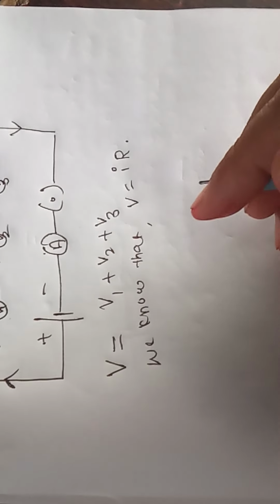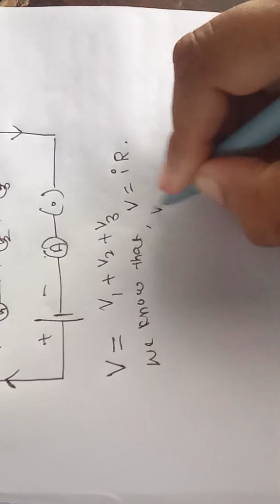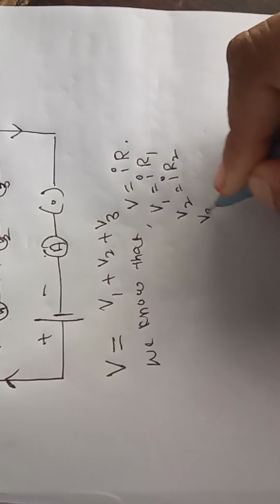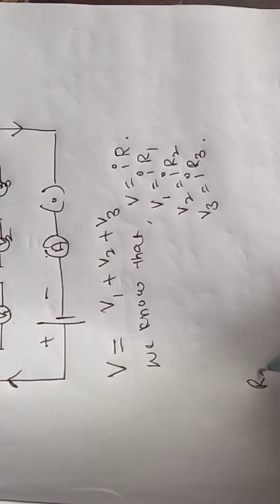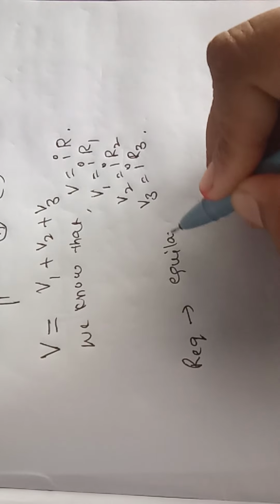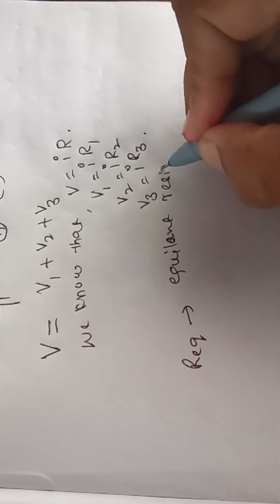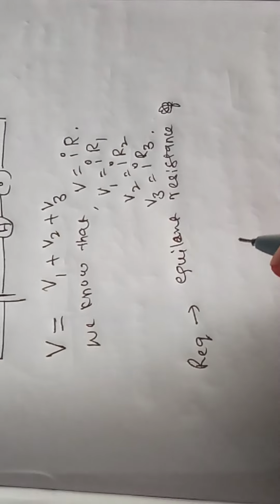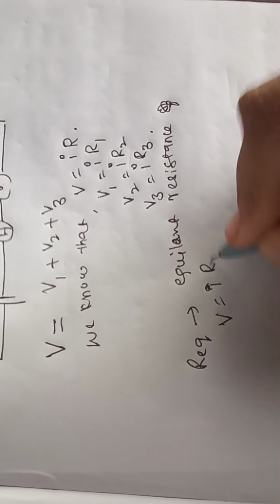So following Ohm's law, we can write V1 equals I R1, V2 equals I R2, V3 equals I R3, right? Let R equivalent be the equivalent resistance of the combination of resistors in series, then we can write V equals I R equivalent.